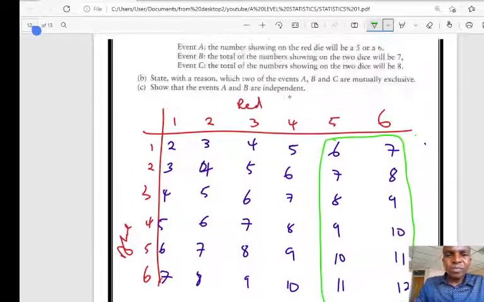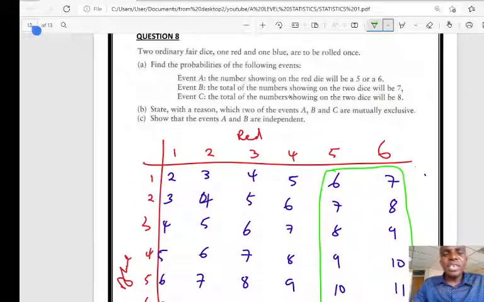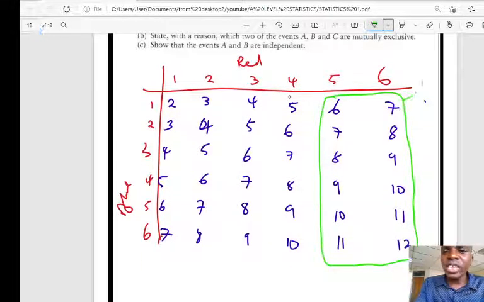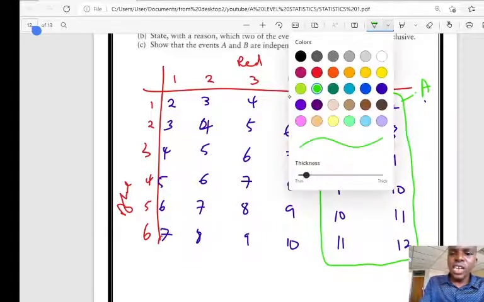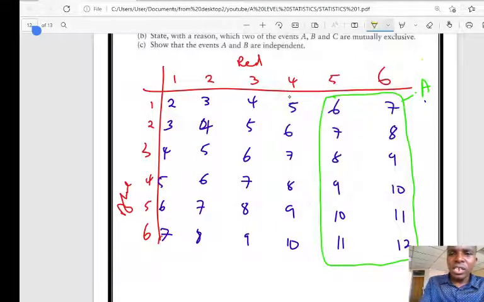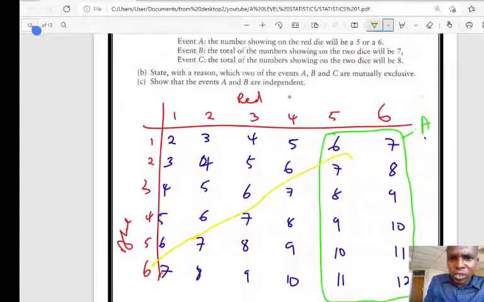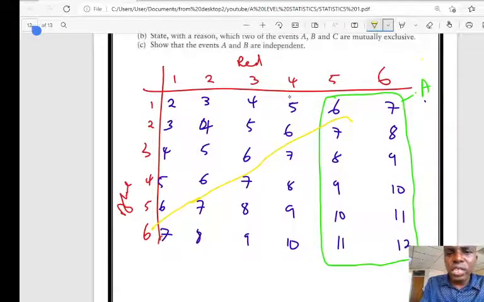Then next, event B: the total of the numbers showing on the 2 dice will be 7. This one was event A. Then total is 7, let me represent that by event B. Total is 7, so it will be like this.